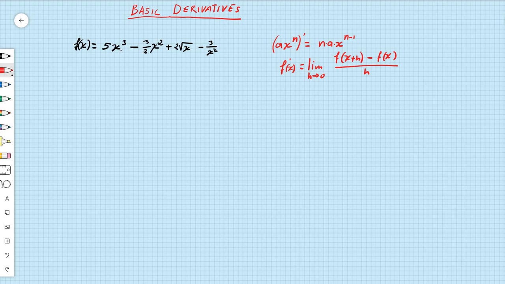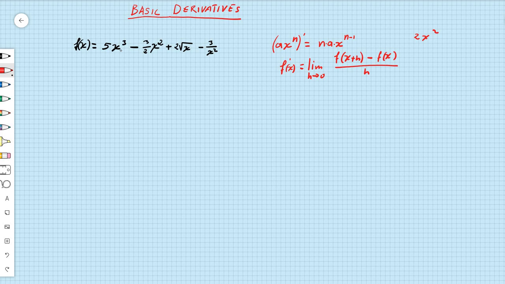Earlier we used the example of 2x squared, so let's say that's our function. Now what would f of x plus h be? Everywhere you see x in the function, replace it by x plus h.